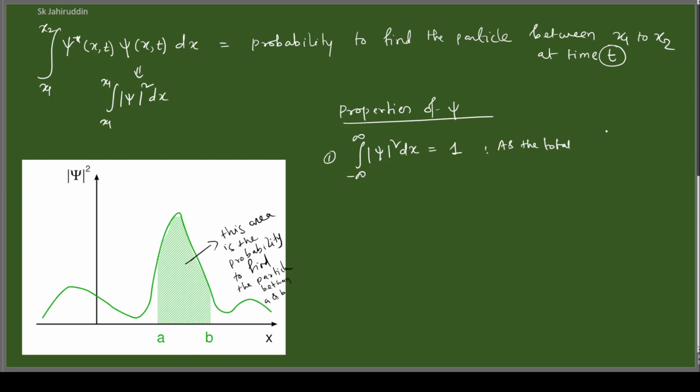If the particle exists, it has to be somewhere. Probability is to be 1. Okay. This is called normalization.